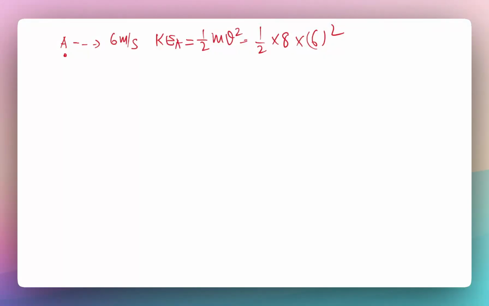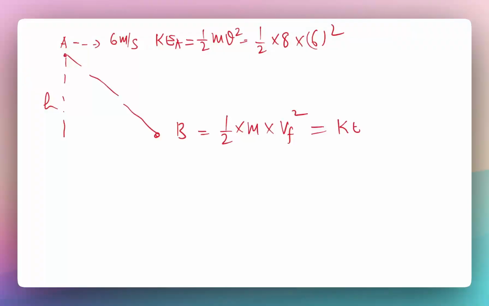Okay, so we can calculate that, and now the ball descends through a height h to arrive at B. So at B, we can calculate the kinetic energy which we are interested in, half into m into V final square. Okay, and this is the kinetic energy which the ball will have when it arrives here, right? So this is our kinetic energy without friction.